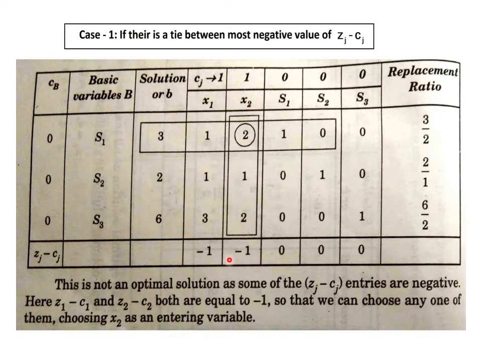But if it would have been a different tie, say here it is plus 1, then it's minus 1 and it's minus 1. That means now the tie is between say x2 and s1. If we assume x2 and s1, then we must give preference to x2 in comparison to s1.